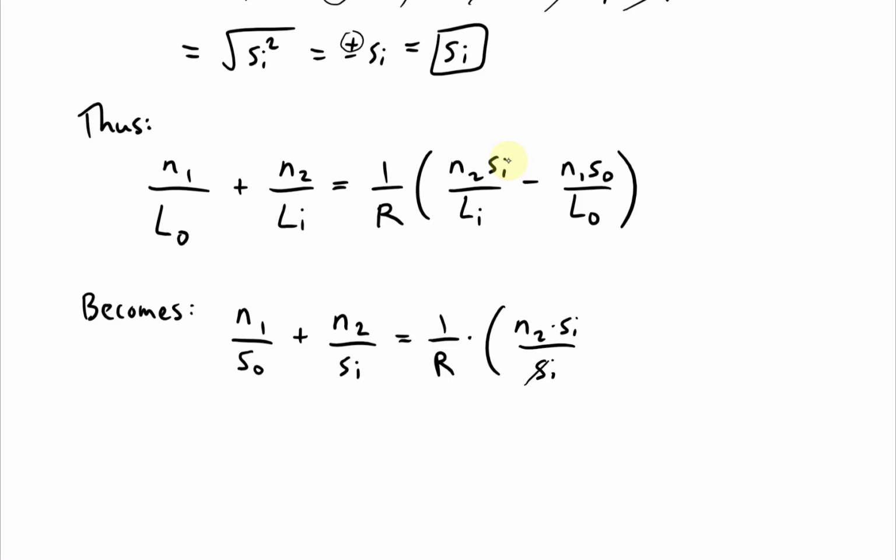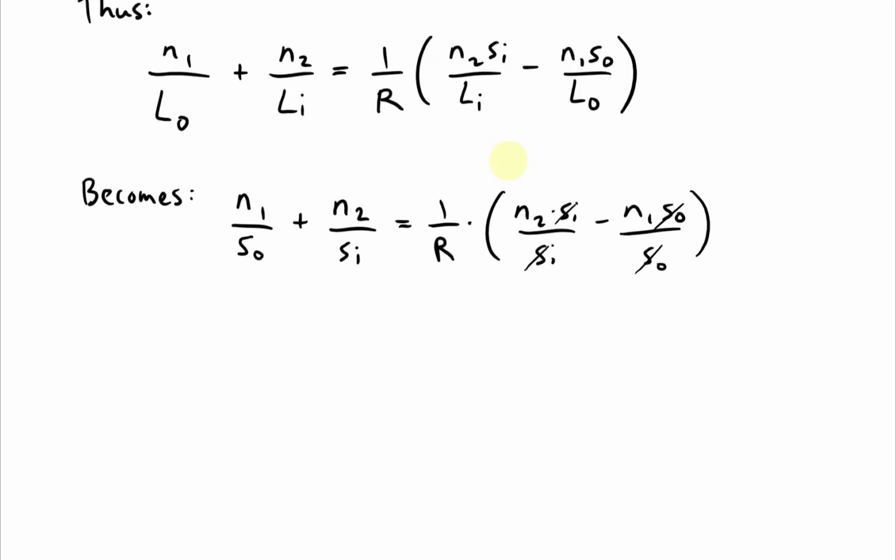So this cancels, minus n1 So over Lo, this is going to be So. This cancels. So we're left with this equals, I'm just going to put this all in one go: n1 over So plus n2 over Si, like this. And this equals n2 minus n1 over R.